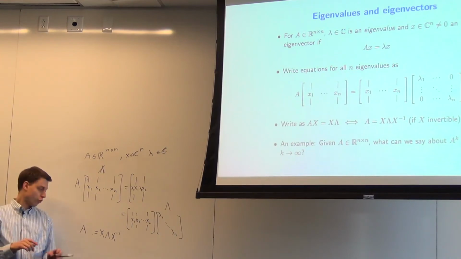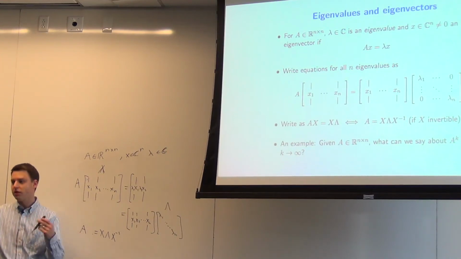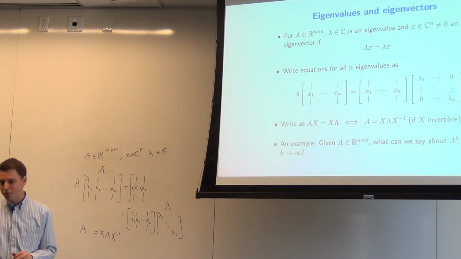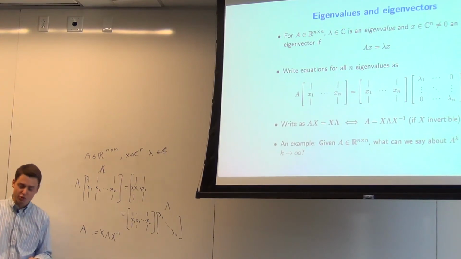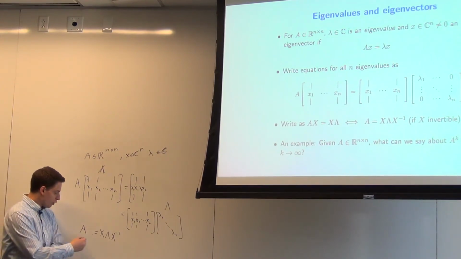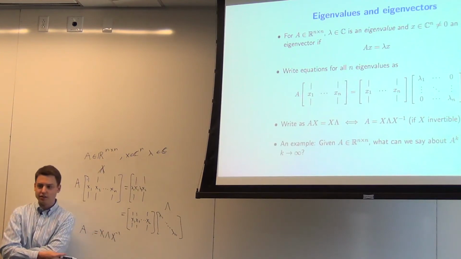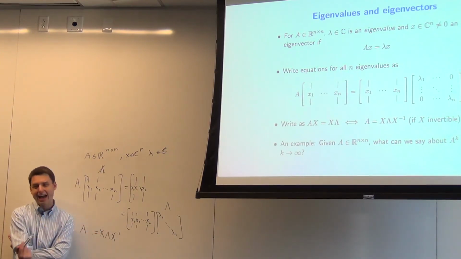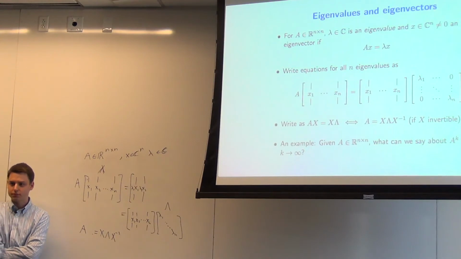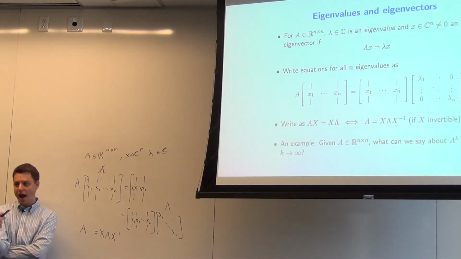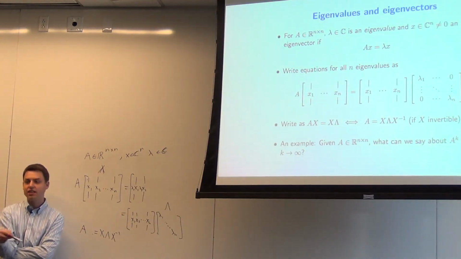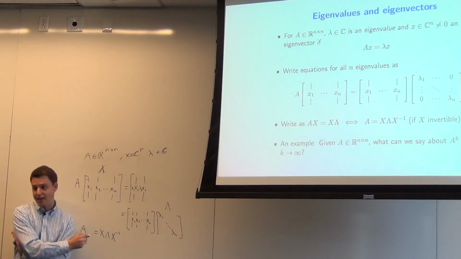The important point is that you can write a matrix as X lambda X inverse, where lambda is a diagonal matrix. You can't always do this, but for the ones we'll deal with, you always can. Those diagonal elements end up being the eigenvalues of A.